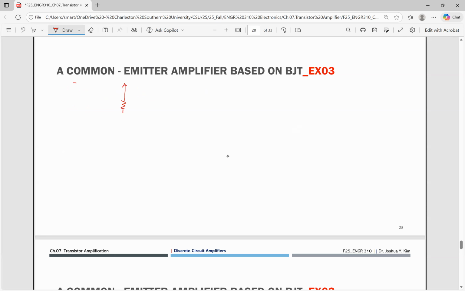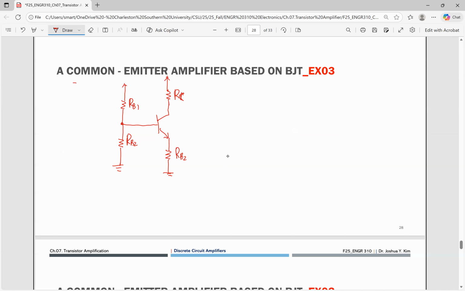So this is one, and this will be sub 2. So I sub B sub 2.